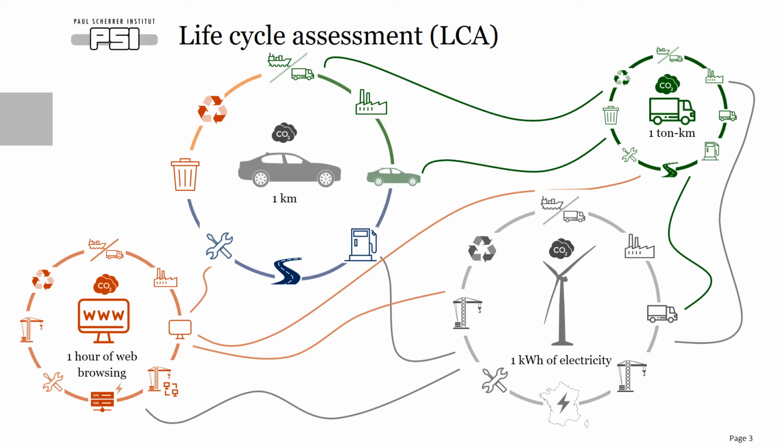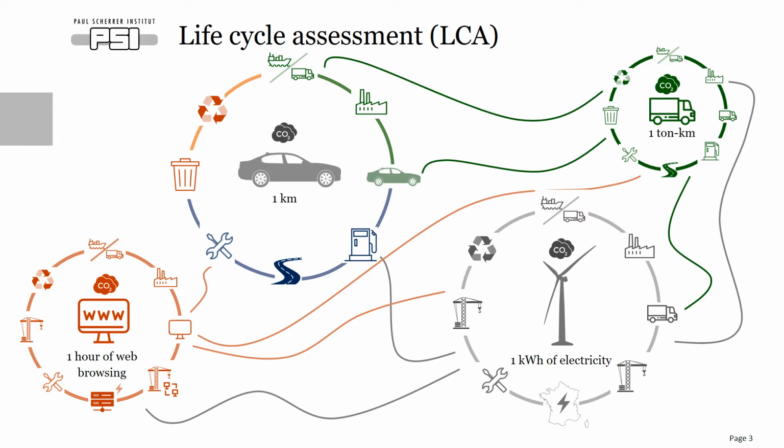So, for example, if some components need to be manufactured and transported to our assembly plant, it is very likely that some lorry transportation is involved. In the same way, if our car needs some electricity either for the refining of the fuel or for charging the battery, it is very likely that some power plant will be indirectly involved, and it could be a fossil power plant or it could be a renewable power plant like a wind turbine.